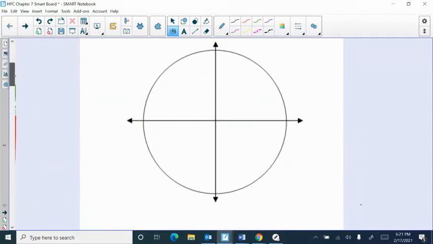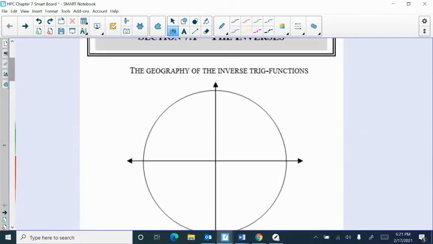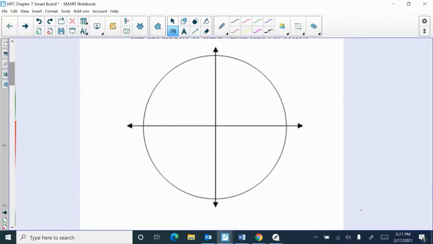That's why I have sort of the geography of the inverse trig functions, because it's going to tell us where we should draw these triangles, so there is no ambiguity. The ratios will be defined in these quadrants based on the trig function and based on whether that trig function is positive or negative. In quadrant 1, the good news is that anything that's positive will go there.